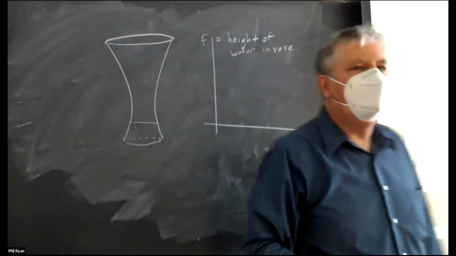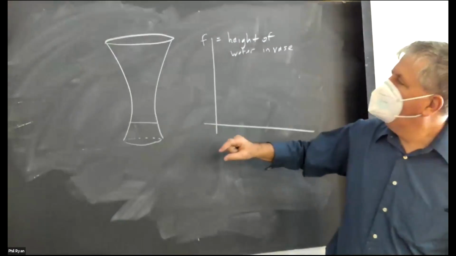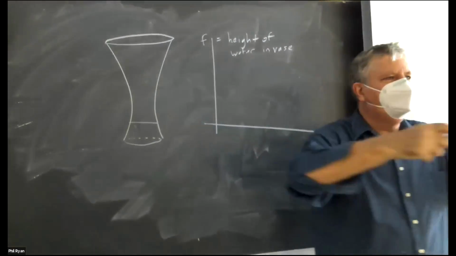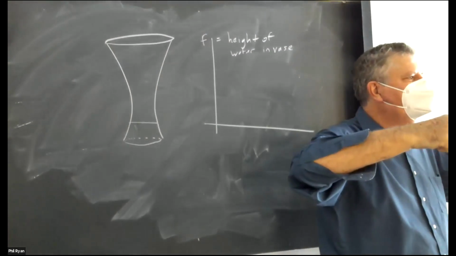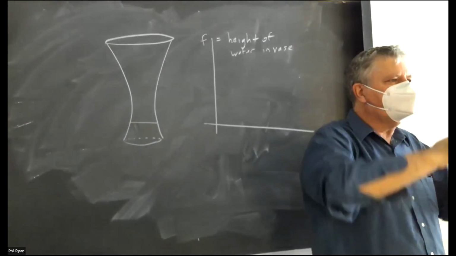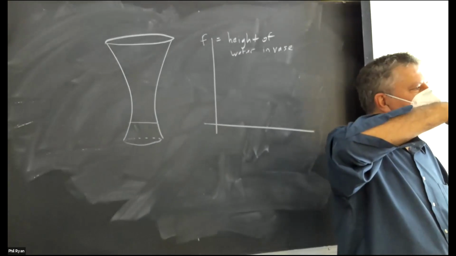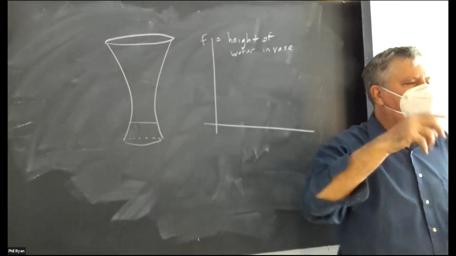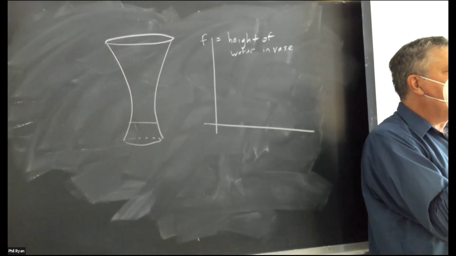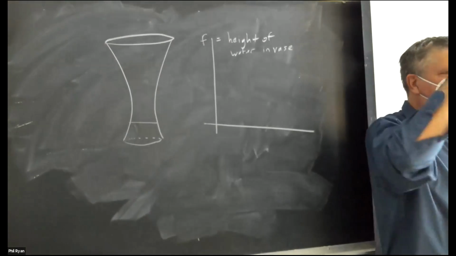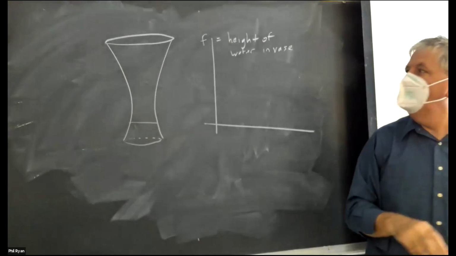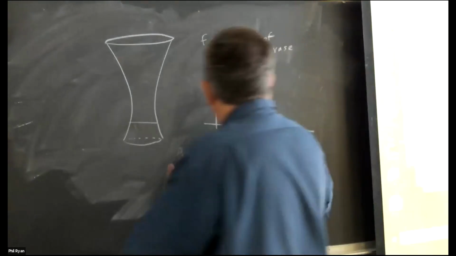Okay, so obviously where the vase is wide, water goes in at a constant rate, the water level is going to rise slower than it is when the vase is narrow, because then it's going to be filling the most.